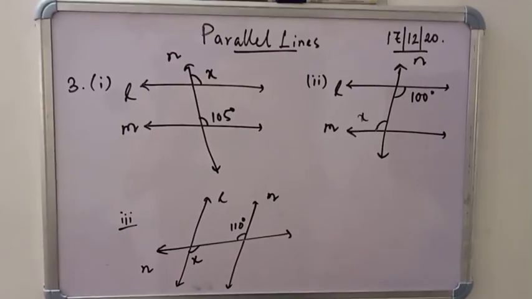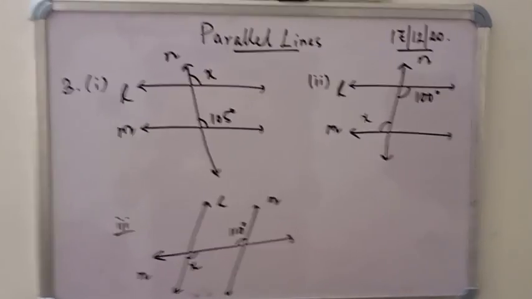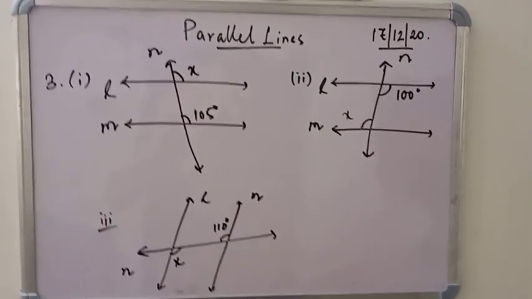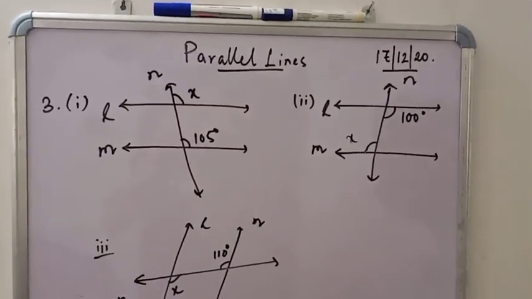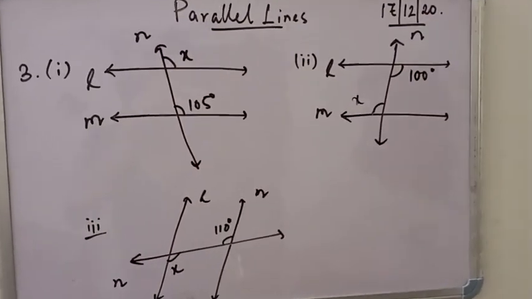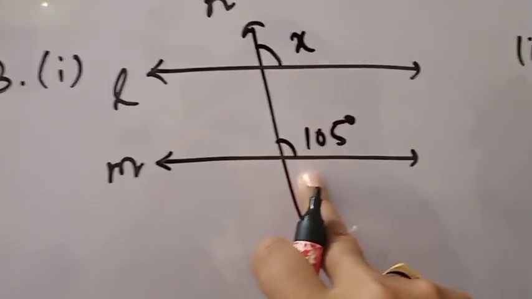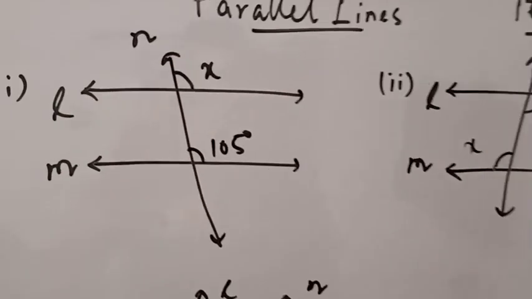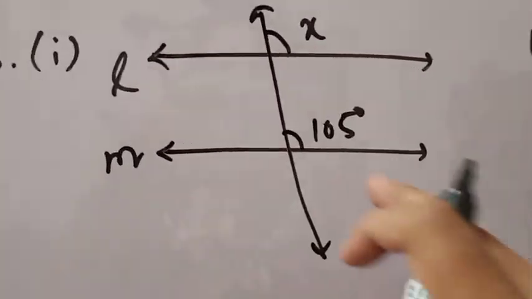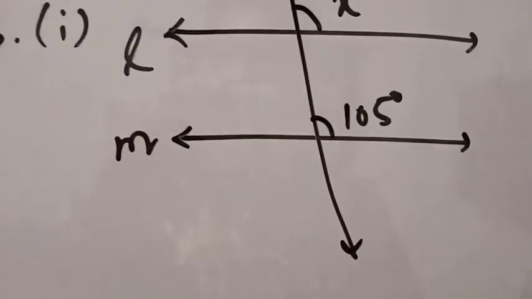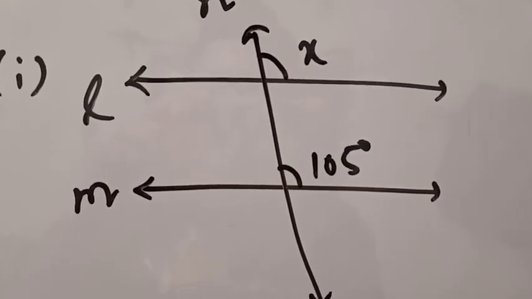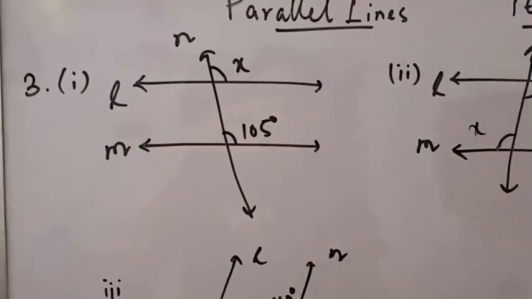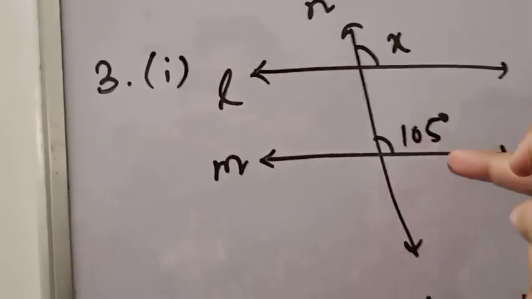In number 3, see that you have to write the value of x. Given L and M are parallel lines and N is the transversal here. This angle is given as 105. You have to find the value of x. In the figure, these two angles are alternate angles, right? No, this is corresponding angles. Okay, this one and this one.